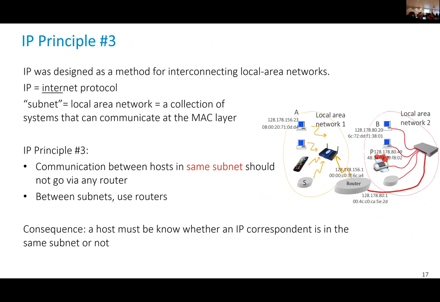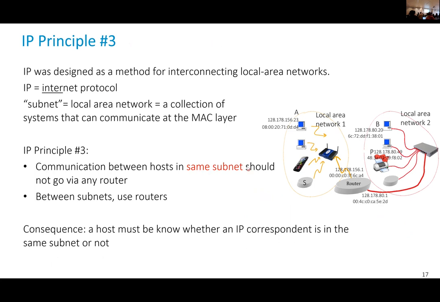That's what is solved by what is called IP's design principle number 3, which says that communication between hosts, machines that are not routers or switches, in the same subnet should not go via a router, and between subnets uses a router.